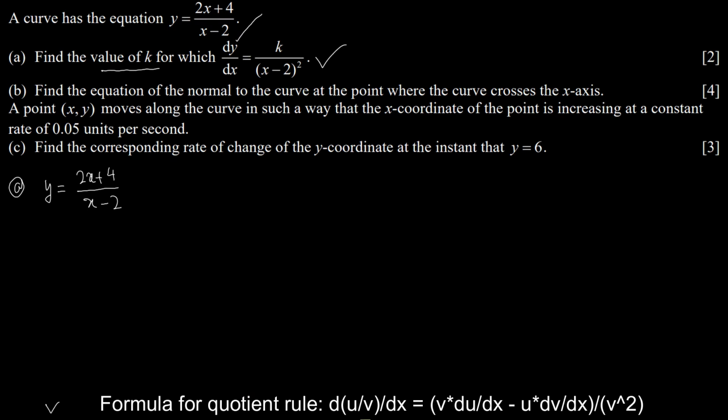Let me consider the top part as u and the lower part as v. Then u equals 2x plus 4 and v equals x minus 2. Differentiating, du by dx is 2 and dv by dx is 1.